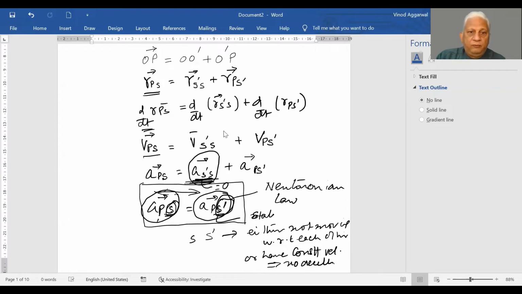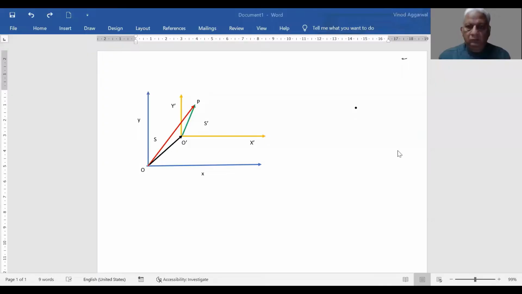But if these two reference frames are accelerating with respect to each other, then the Newtonian laws will not be applicable at all. The two reference frames, S and S dash, that we just discussed are called the inertial frame of reference and the non-inertial frame of reference.